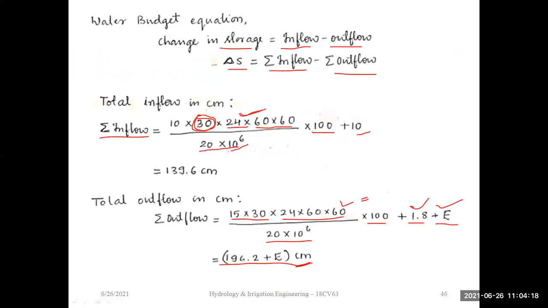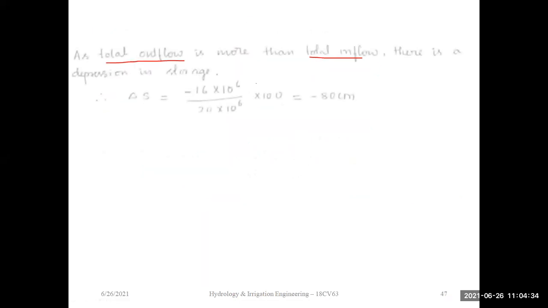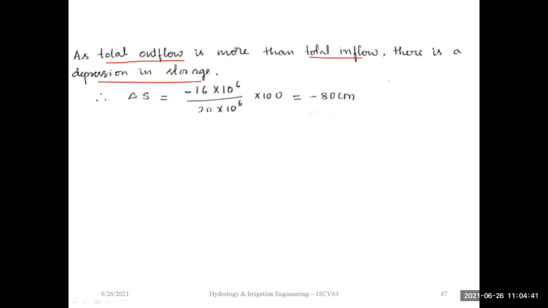You can notice that inflow is 139.6 centimeter, but outflow is 196.2 plus E. So inflow is lesser, outflow is greater, so obviously there will be a depression in storage. The losses are high, but inflow is very less. In that case, the depression in storage will occur.